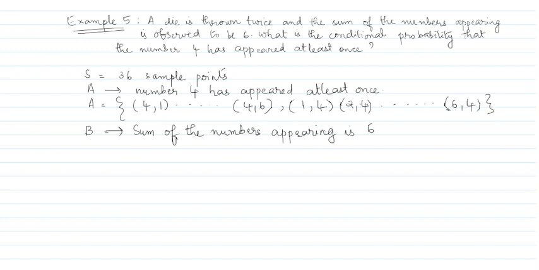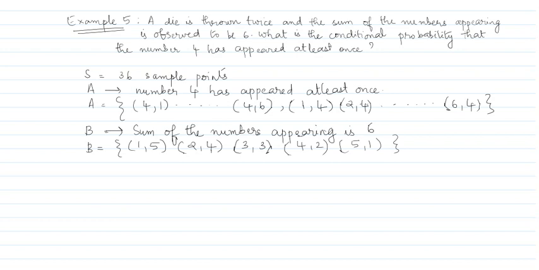So you are asked the different combinations possible such that the sum of the numbers appearing is 6. So if I write down the sample space corresponding to B, what is it going to be? I can have 1, 5, which gives me 6. I can have 2, 4, 3, 3, then 4, 2, and 5, 1, isn't it? So I have 5 different possibilities which give me a sum of 6.